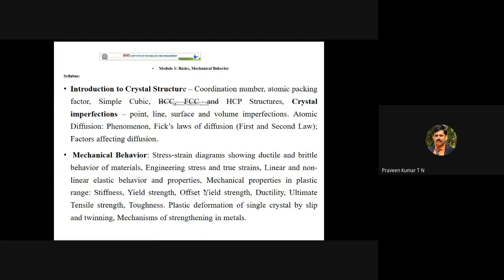But when you conduct the experiment, you note down the initial diameter of the specimen, and stress is given by force divided by area, but force divided by the original area. Engineering stress is given by force divided by the original area.